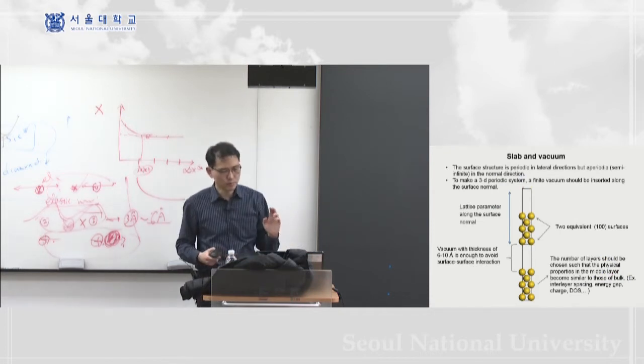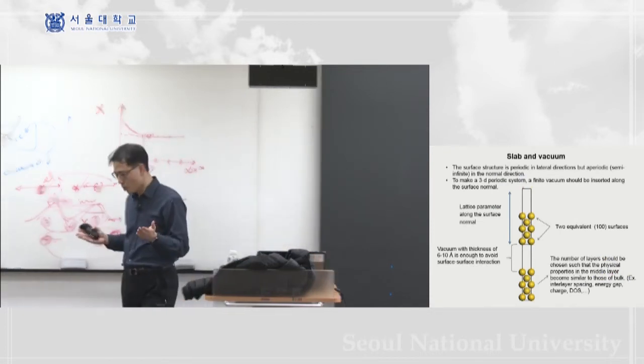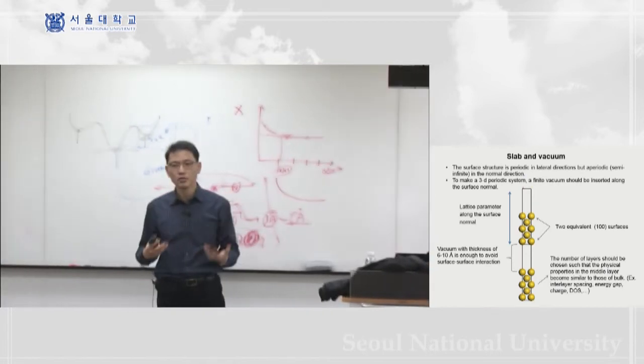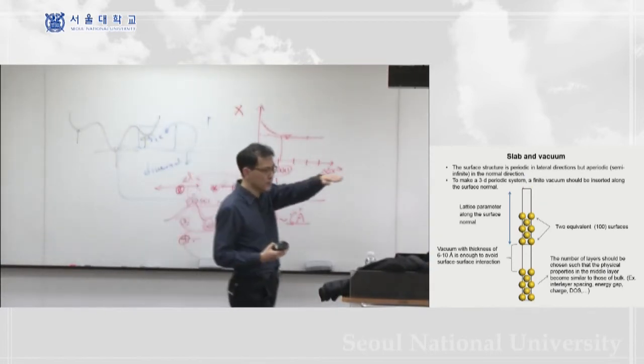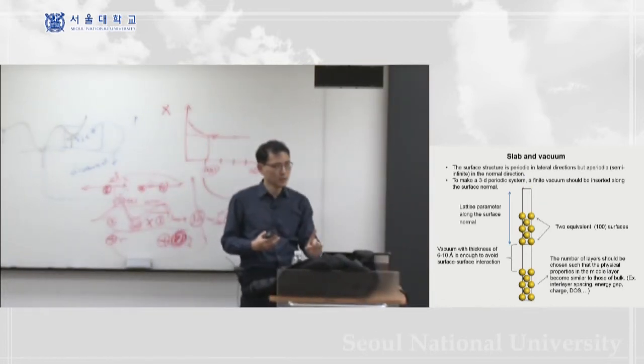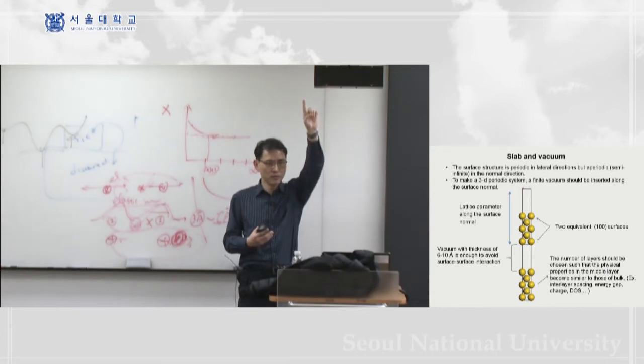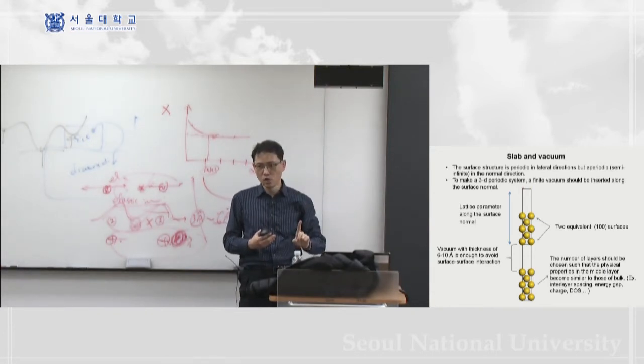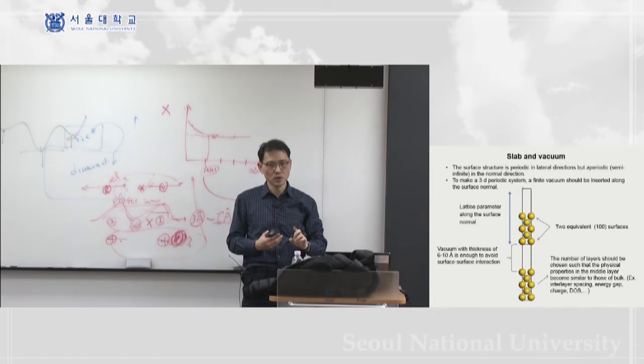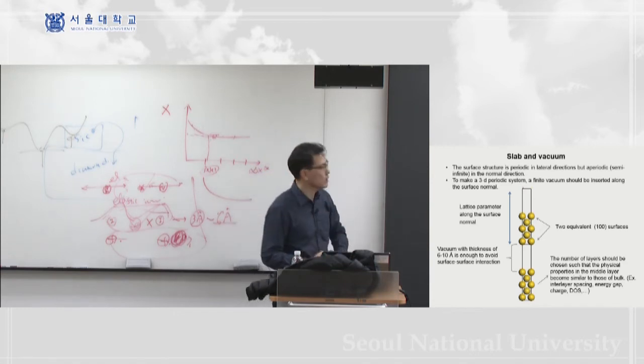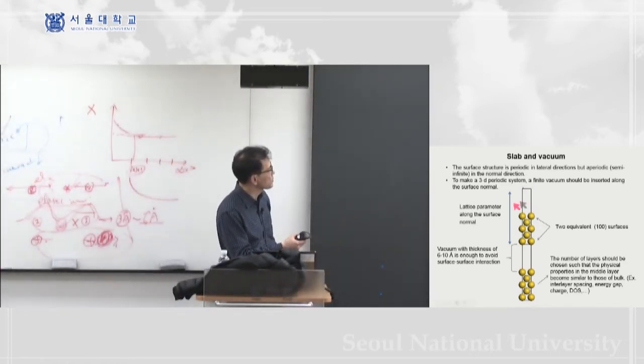But since we are always imposing periodic boundary conditions, and the surface by itself breaks the periodicity along the normal direction, or the z direction, we have artificially introduced periodicity along the normal direction. That means we are modeling the surface using a slab and vacuum.